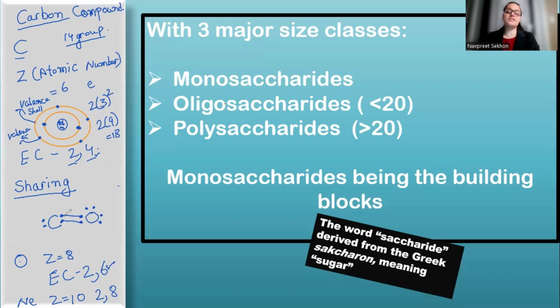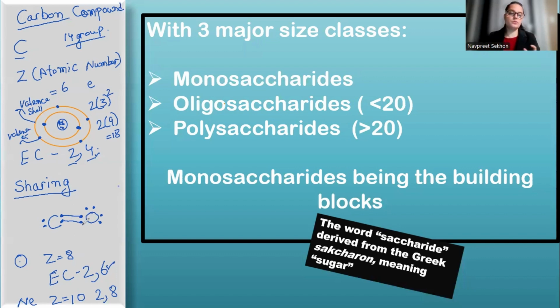Now it will count the shared electrons of carbon as if they are its own. So 1, 2, 3, 4, 5, 6, 7, 8. So finally the oxygen has 8 electrons around it. Now oxygen is happy because it feels as if it has the electronic configuration of neon.